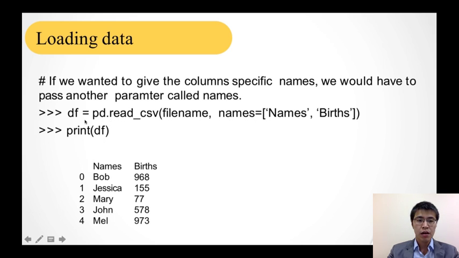We use the read CSV function, provide the file name, and then set the column names to be names and births, and then we get a new data frame which has 5 rows, 5 names, 5 numbers, and each column has a name. We have names for the baby names and births for the birth rate.